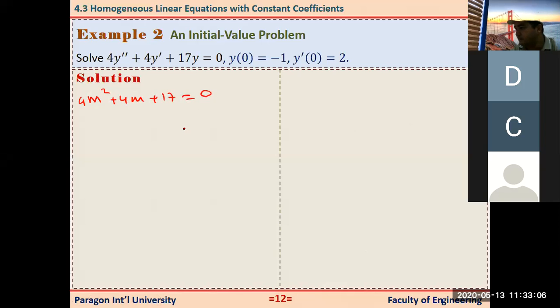equal to 0. Guys, can you just give me 1 minute? We'll continue after 1 minute.